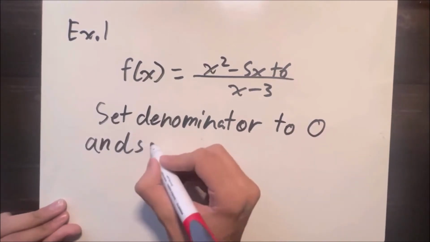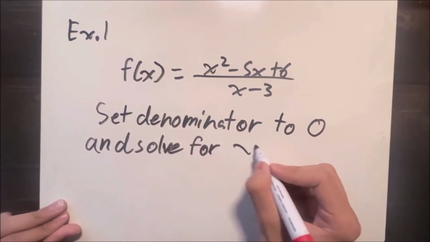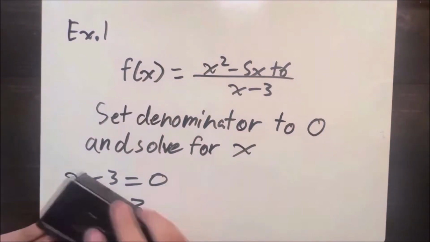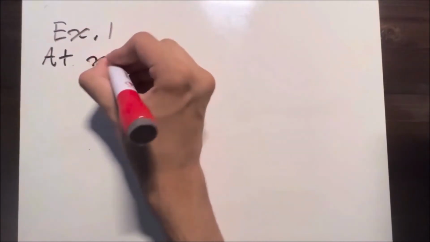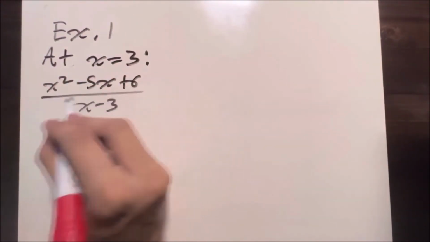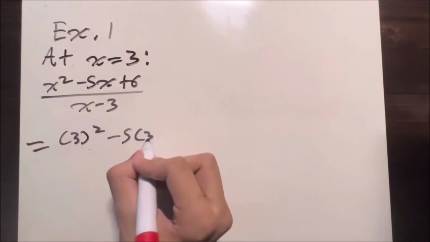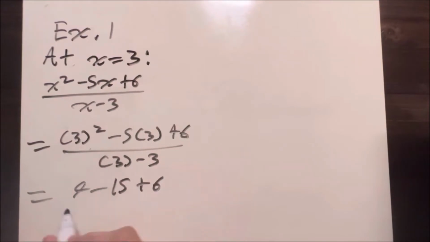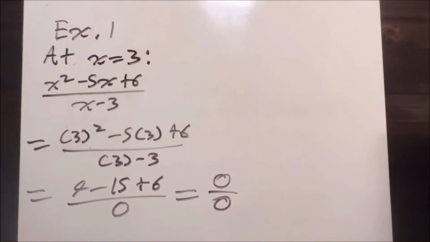If we set the denominator to 0 and solve for x, we get x equals 3. And plugging in 3 into the function gets us 3 squared minus 5 times 3 plus 6 over 3 minus 3, which gives us 0 over 0, which is indeterminate form.